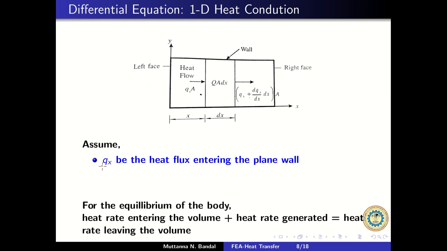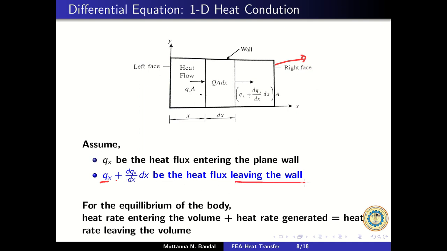Let Qx be the heat flux entering the wall, that is, I am heating this surface. And let Qx + (dQx/dx)dx be the heat leaving the right face of the cube, the heat flux leaving the other side of the wall.